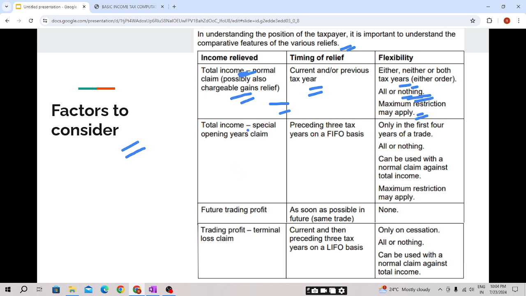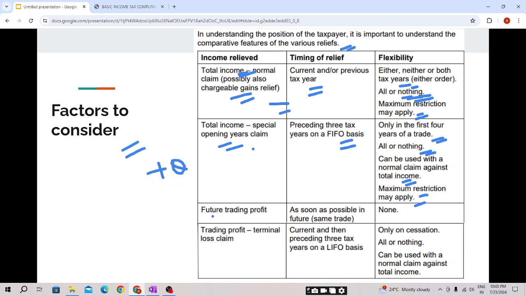Total income, special opening years: preceding 3 tax years on a FIFO basis. We can use it only in the first 4 years of trade, all or nothing, and it can be used with normal claims against total income, maximum restriction will apply. So if opening year rules are applying, then ongoing rules will also be applicable.